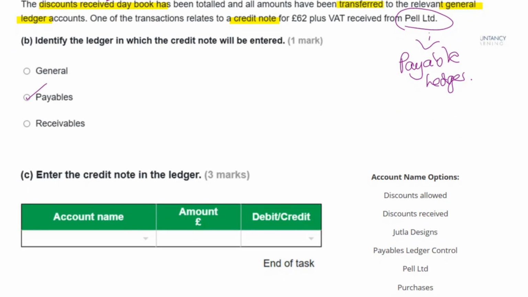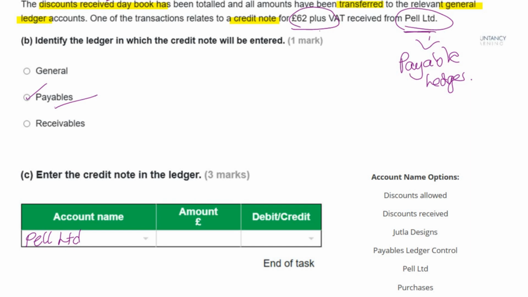And then we need to enter the credit note in the ledger. We've just identified it's going to be a payables ledger. It's come from Pell Limited, so Pell Limited is the account name, in their subsidiary ledger. The amount: we've got 62 plus VAT.